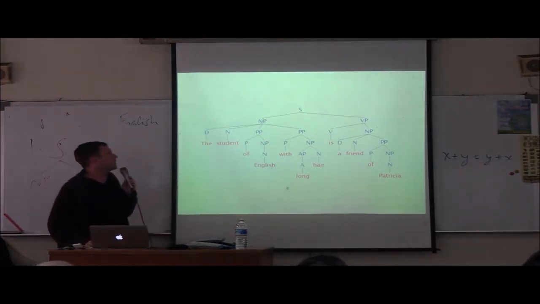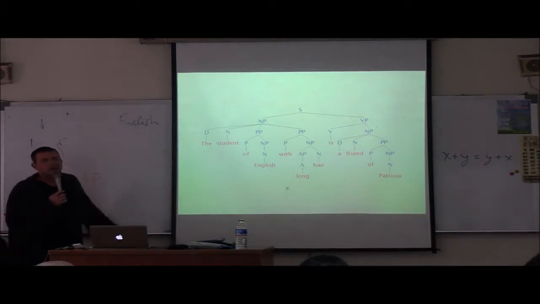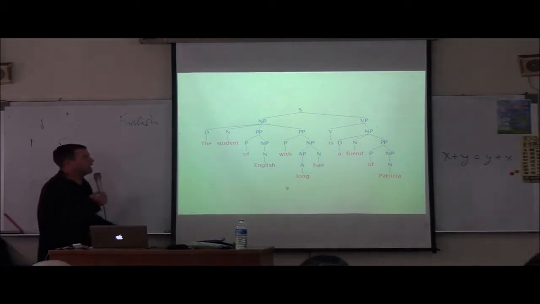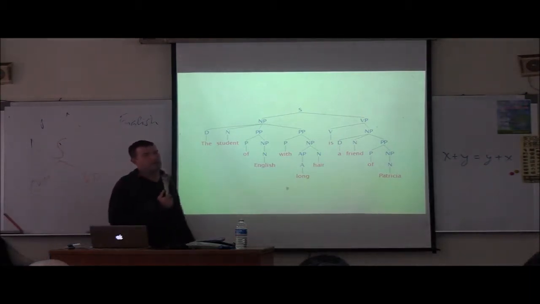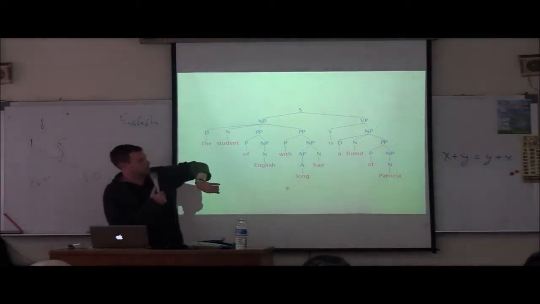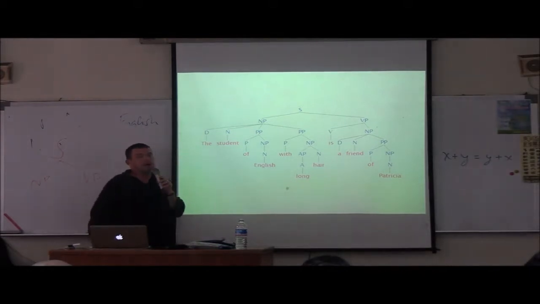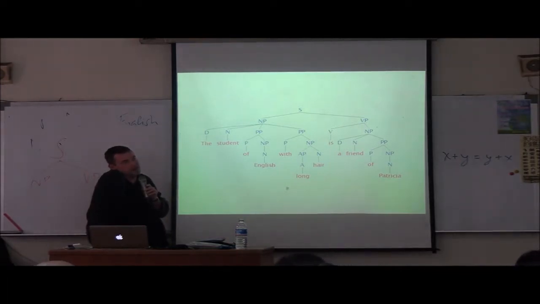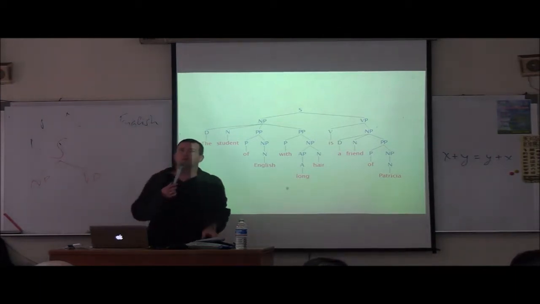Now, how do I turn this into an X-bar tree? The answer is, I make sure that every phrase has at least one X-bar, and that the number of X-bars in each phrase is equal to the number of adjuncts in that phrase plus one.